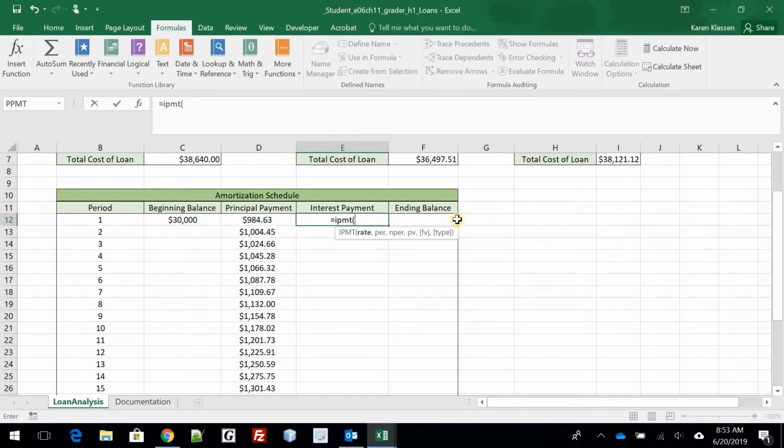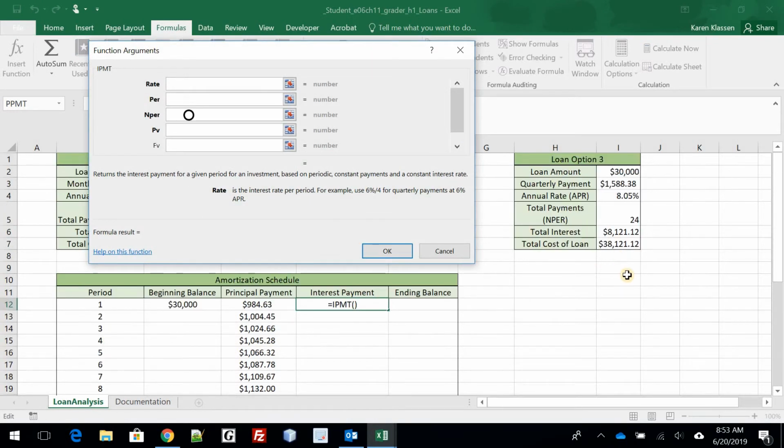IPMT, interest payment. Okay, the rate on it is divided by 4. The period, again, is over here. Our number of payments in the investment is our NPER, absolute value of that.